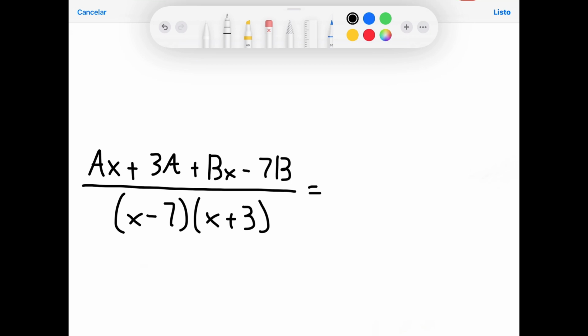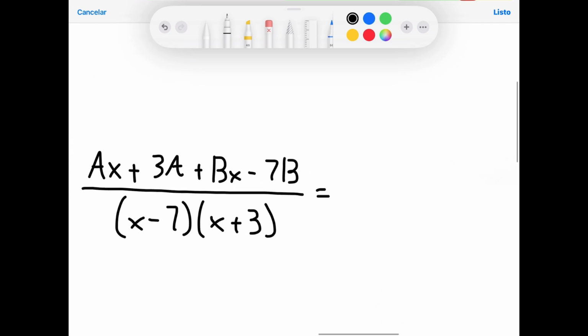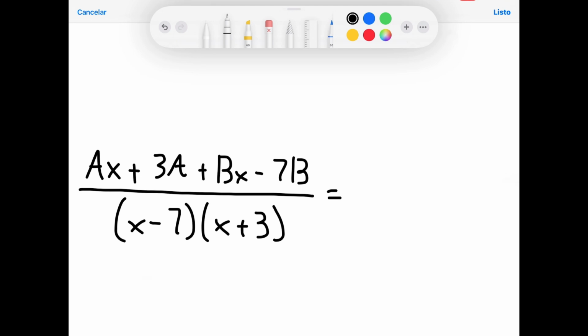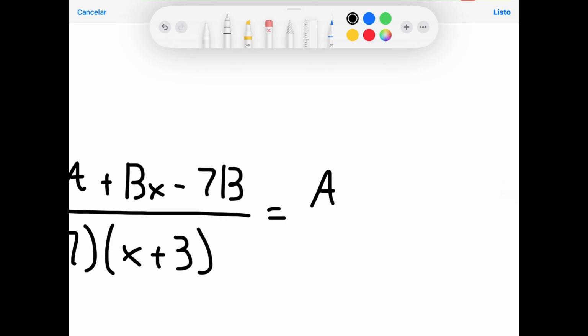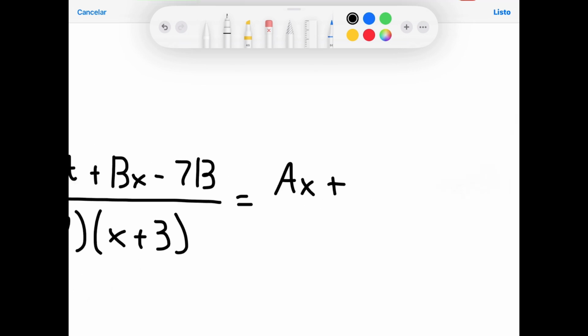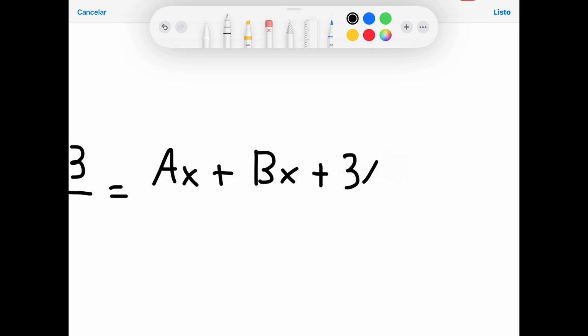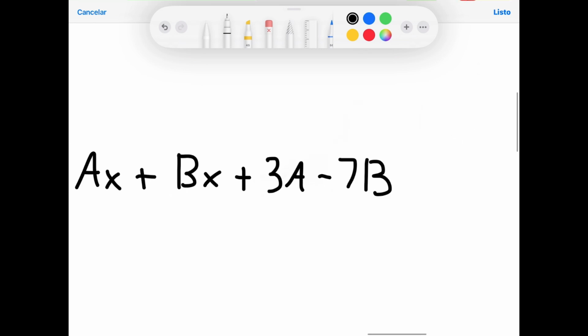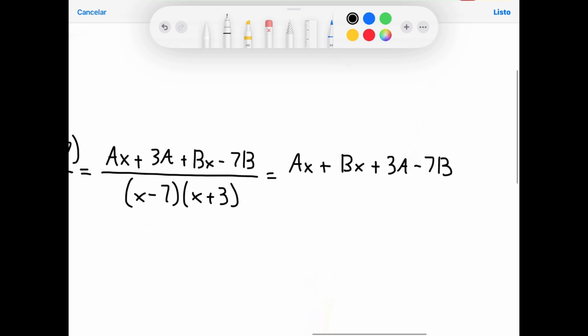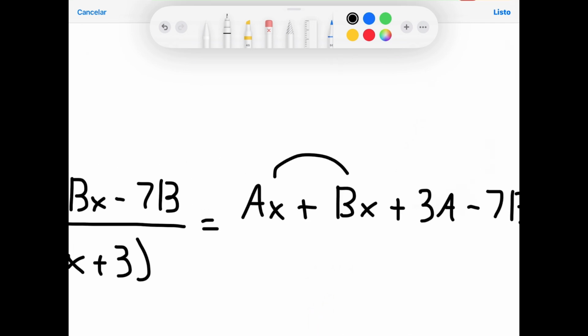Step number 5 is to join the terms with the same variable and get the common factor. So I can move the numerator so that I get the common factor closer. I just move the bx a bit closer to the ax. So it's ax plus bx plus 3a minus 7b. And it's still the same, I just changed the b of place.